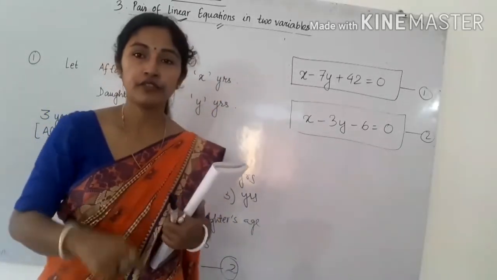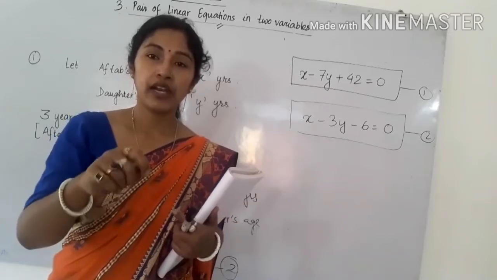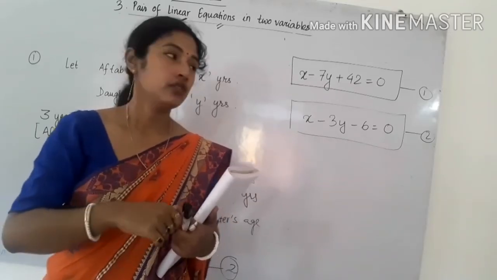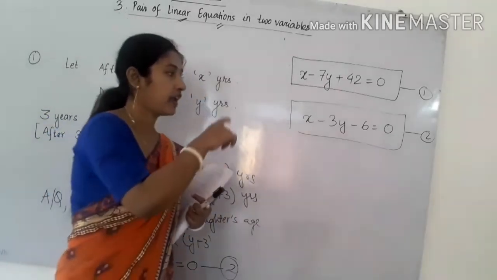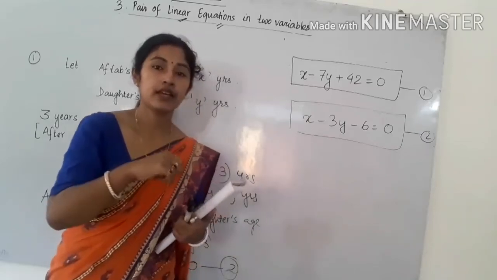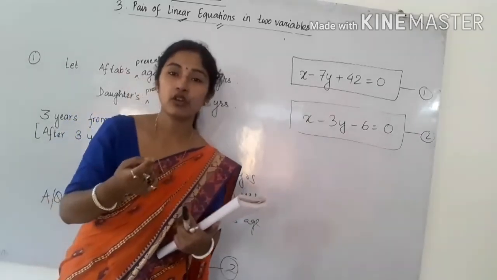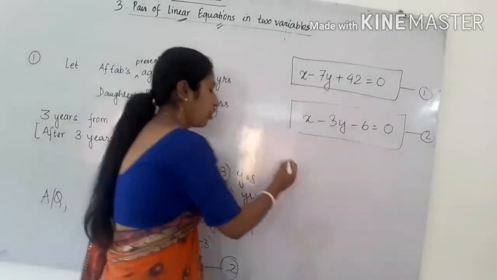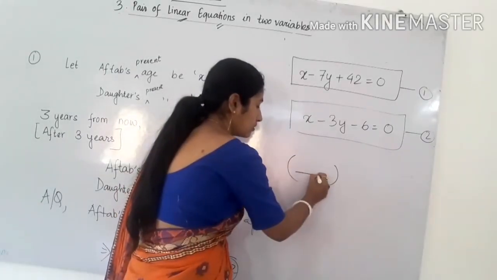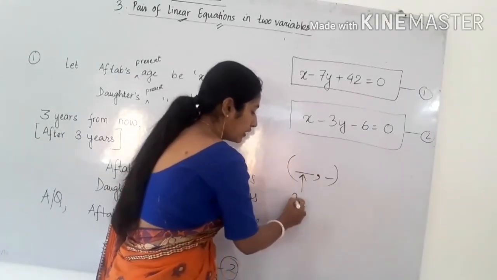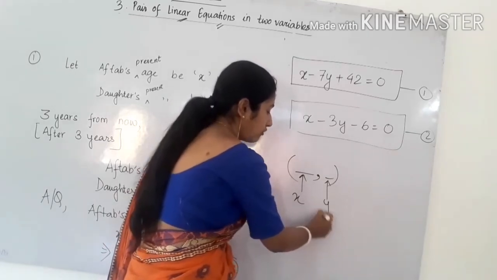If you don't have graph paper, you can make it on plain paper also. Just draw the graph and see if the lines intersect at one point, there will be one common solution. So finally you will get one point like this. You already know this is the value of x, this is the value of y.